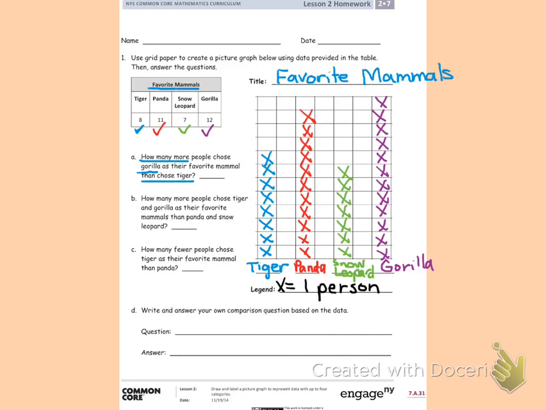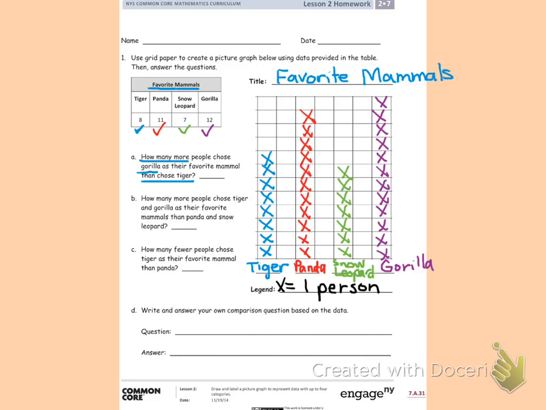We're comparing the two groups. When we compare the two groups, we're looking for the difference between one group and another. So if we're looking for the difference, we're looking for the answer to a subtraction problem.